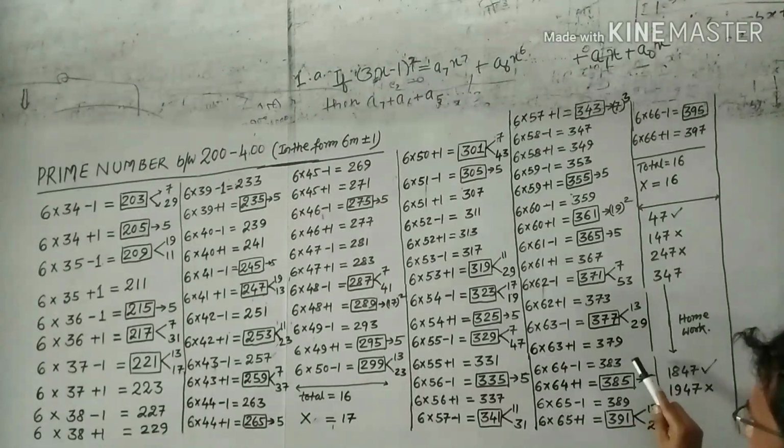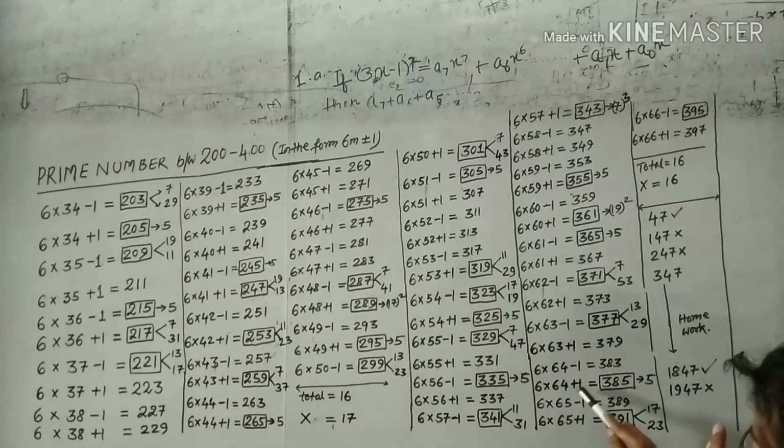It is a prime number. 6 into 64 plus 1, 385. It ends with 5, so it is not a prime number because it is having factor of 5. 6 into 65 minus 1, 389. 389, it is a prime number.